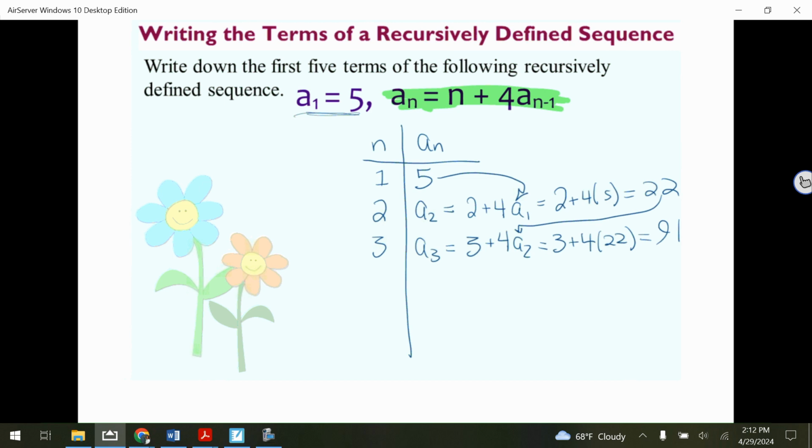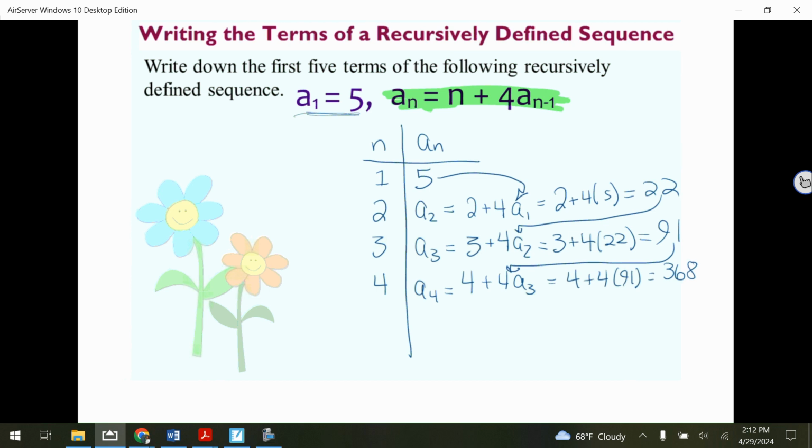Then, fourth term, A sub 4 is n, which is 4, plus 4 times my prior term, A sub n minus 1. A sub 4 minus 1 is A sub 3, which we know is 91. So it is 4 plus 4 times 91. And I get 368.